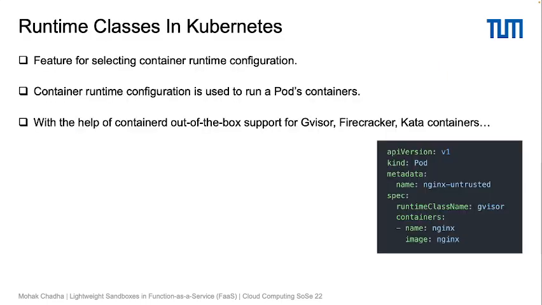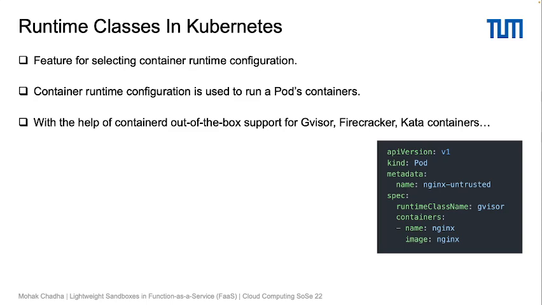So how does it actually translate to Kubernetes? We have this CRI already configured, so how would you actually run it with Kubernetes? Kubernetes provides these runtime classes, essentially, through which you can plug and play and select whatever runtime you want to launch a container with.